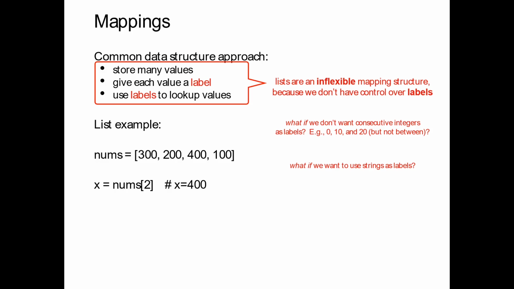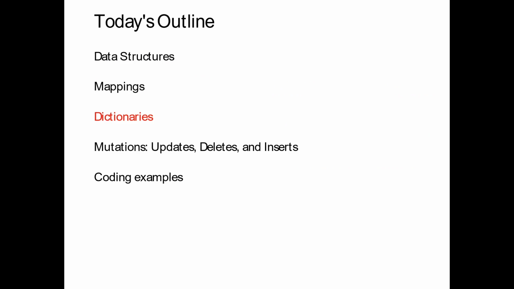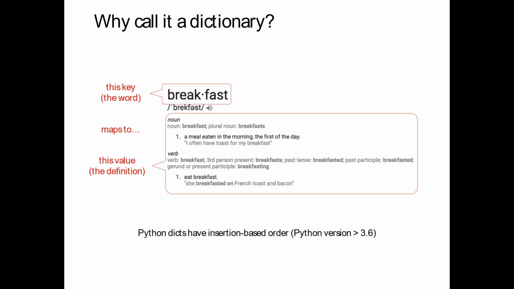Or what if I want to use strings as labels? What if I want to have labels that are red, green, blue? And so in order to facilitate that sort of labeling, we're going to introduce a data structure known as the dictionary.